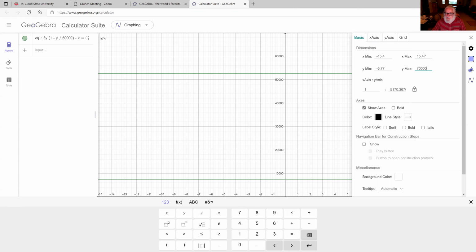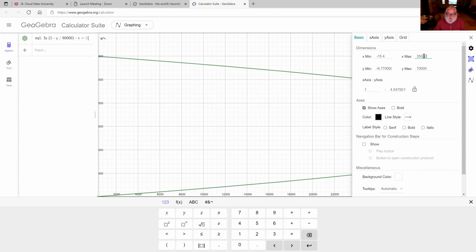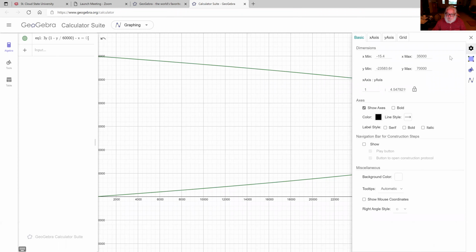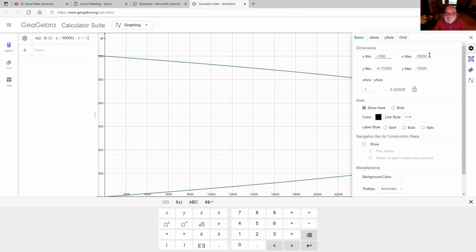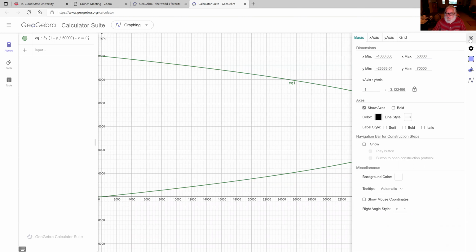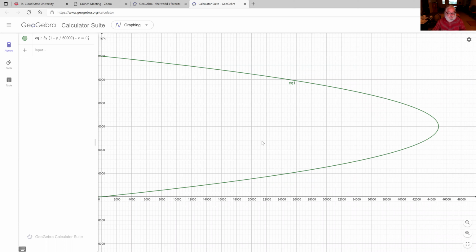And let's make the x maximum to be, say, 35,000. Great, is that good? Make this minus 1,000 so we can see what's going on. And we'll make x max actually up to, say, 50,000. There, so there's our graph.